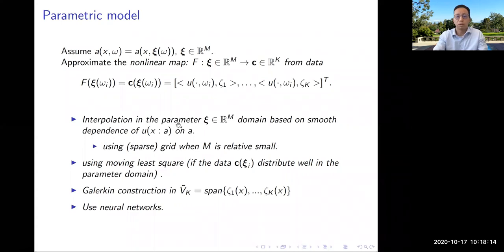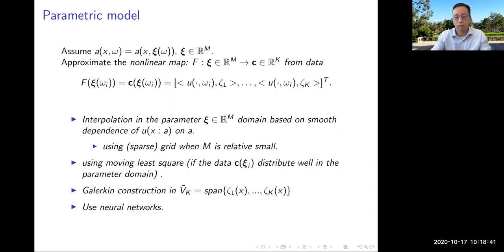So you can do interpolation if the dimensions are not too high. As we saw, you can even use sparse grids, but when you go to dimension 10, sparse grids are not very helpful either. So you can use moving least squares: if your points are well scattered, you give a new point, I find its k nearest neighbors and locally construct a linear or quadratic approximation.